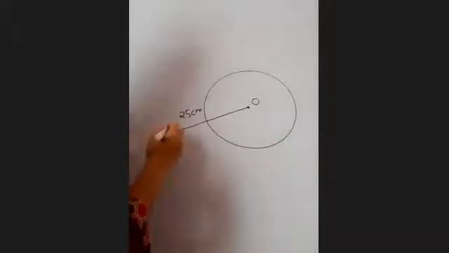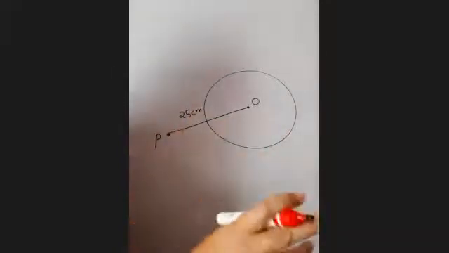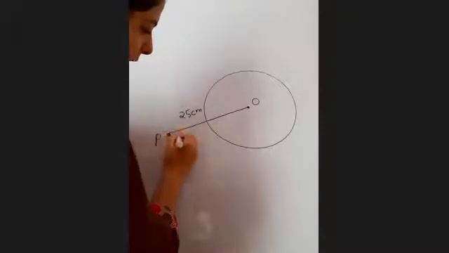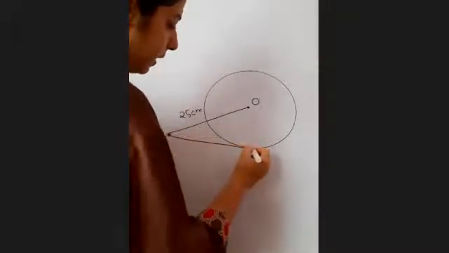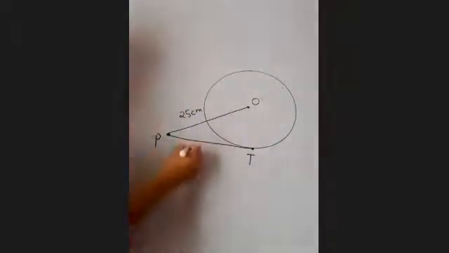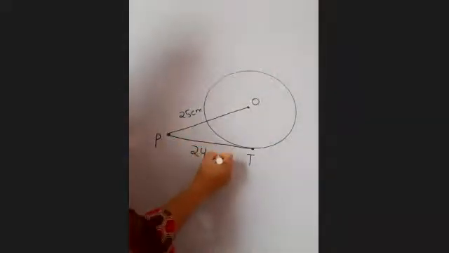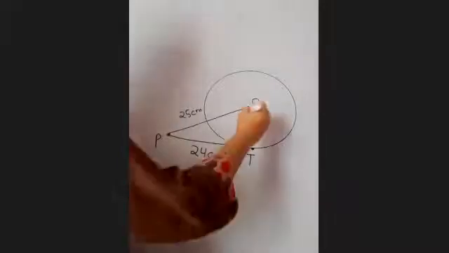The length of the tangent from point P is 24 centimeter. You draw one tangent like this, and wherever it intersects the circle, let's say T, PT will be the length of tangent. Find the radius.